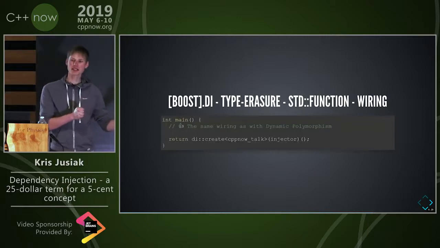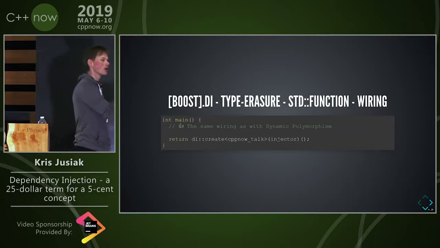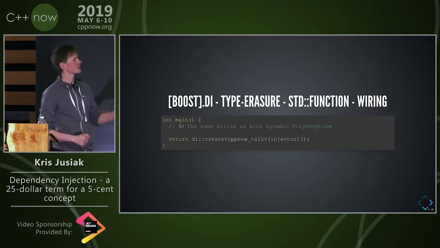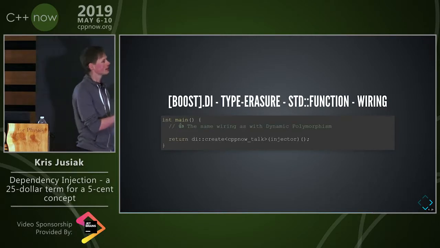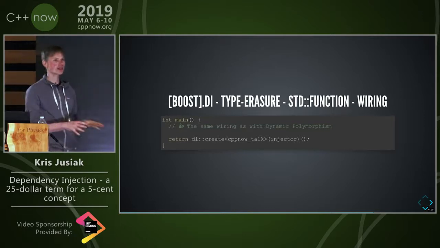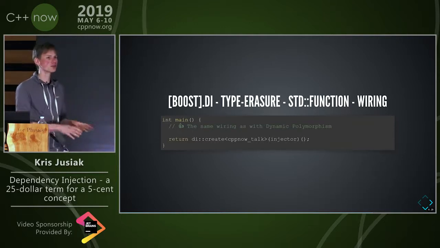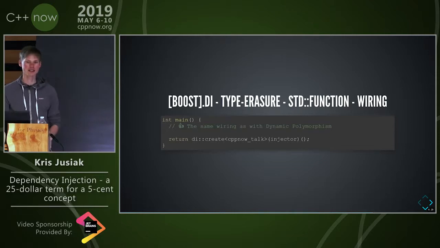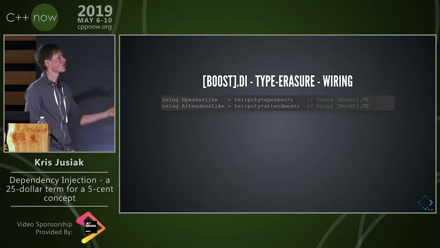So the power of wiring with DI is the fact that without changing the wiring, speaker-like to regular speaker, we can create it so far with object-oriented design for the interfaces, and without anything changing for the type erasure std function. I believe that's really valuable because then we can easily refactor the code, switch from interfaces to functions, and we don't have to change anything. The wiring mess doesn't exist for us because it's the same.